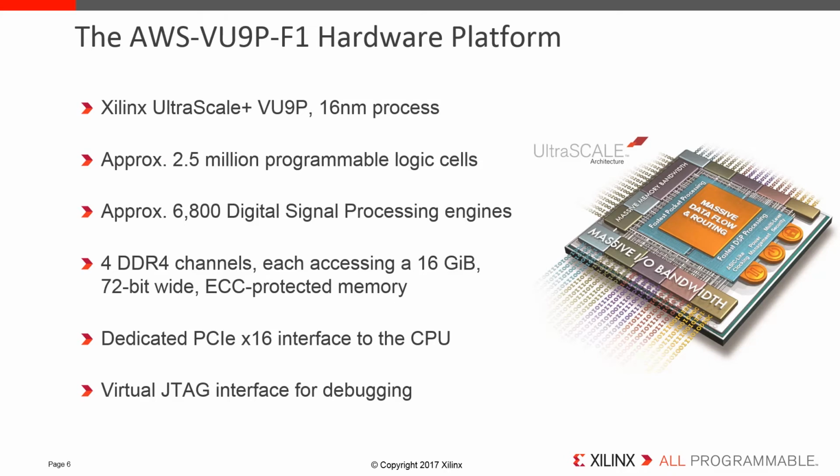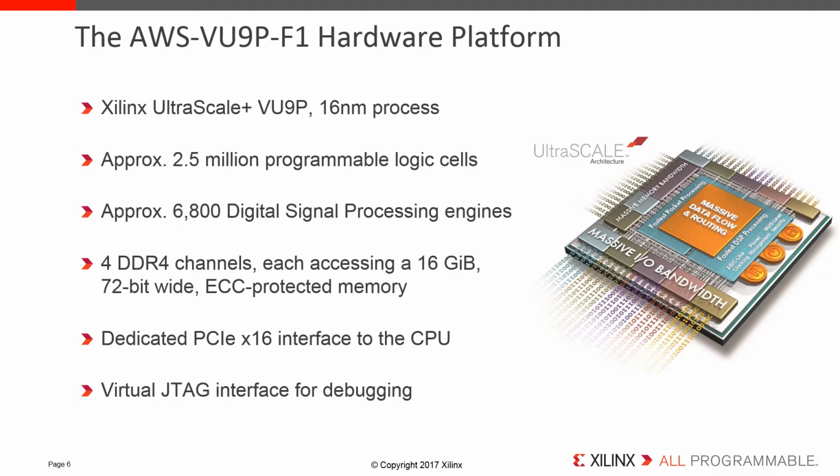This is because at the heart of the F1 hardware platform, you will find the Xilinx VU9P FPGA. Xilinx FPGAs come with a vast amount of dedicated programmable logic. Unlike CPUs and GPUs, which have predefined execution units, Xilinx FPGAs can be programmed to have any number of task-optimized execution units, or kernels.